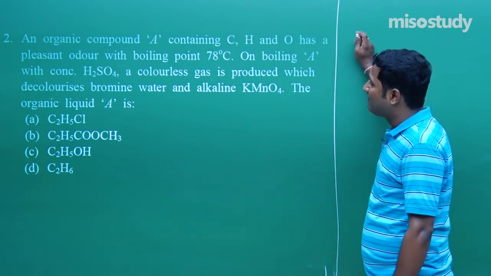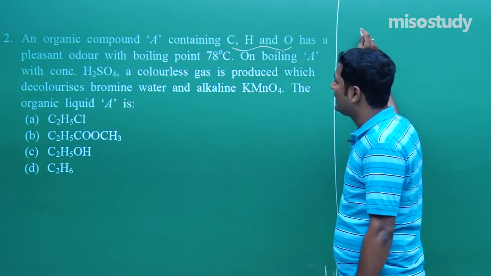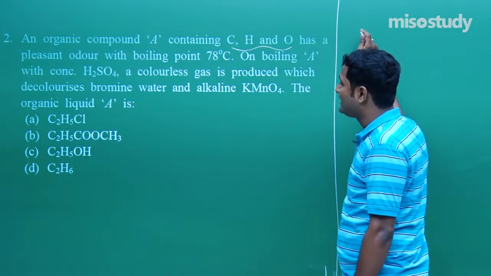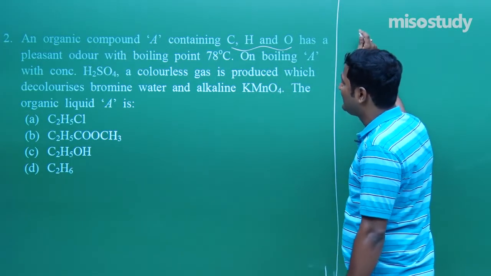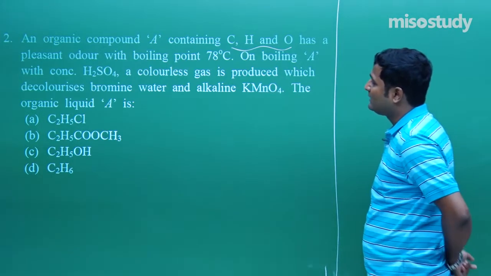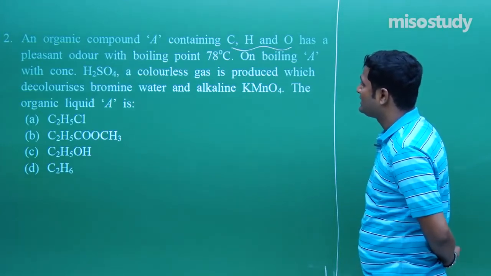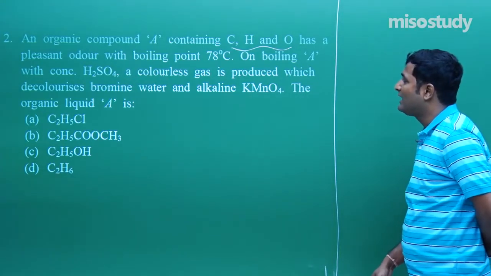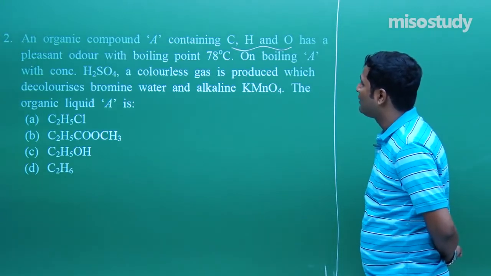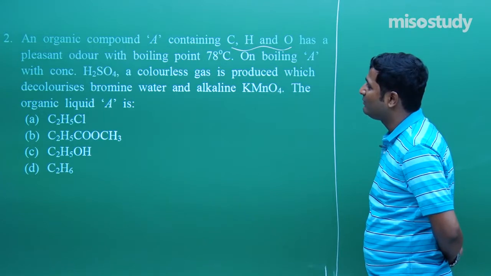An organic compound which contains C, H, O has a pleasant odor, and the boiling point is given here. What is given? Tell me, friend. A colorless gas is produced which decolorizes bromine water and alkaline KMnO4. The organic liquid A is, tell me what will happen.